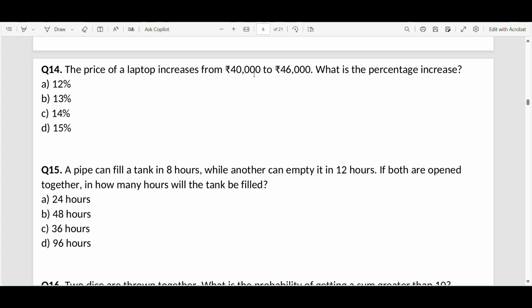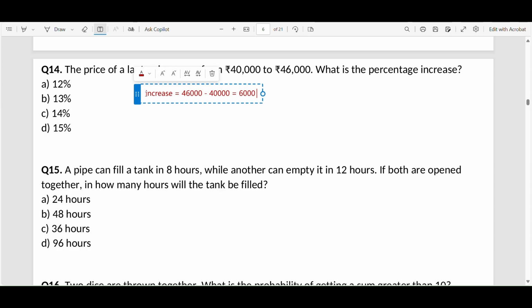The difference between both is the increase. Increase is 46k minus 40k. That is 6,000, right?